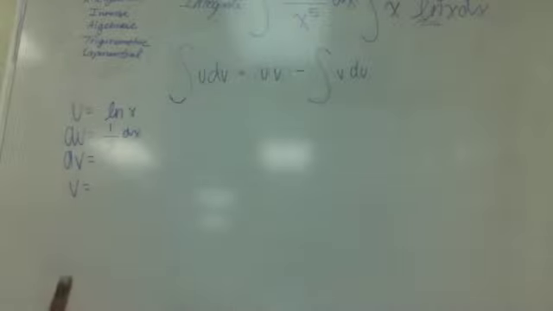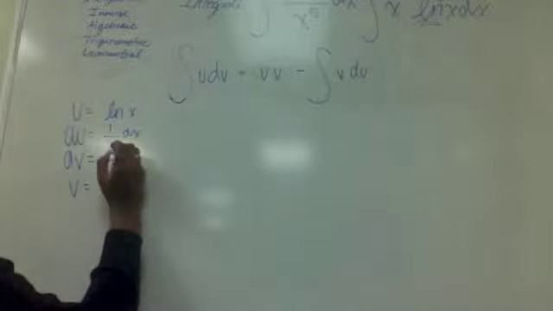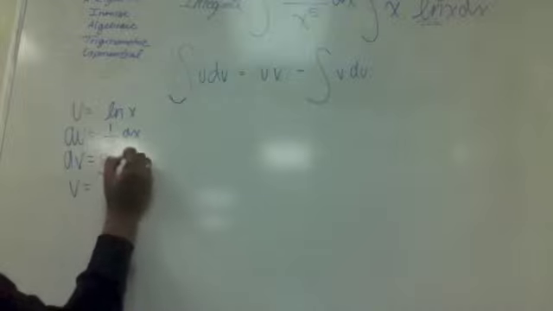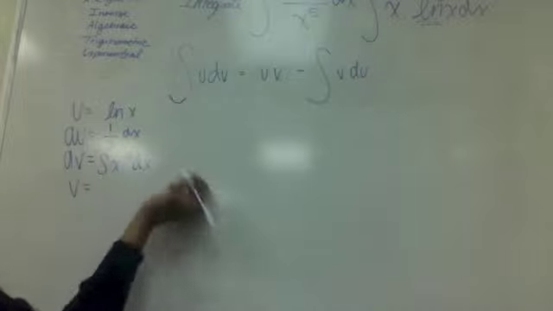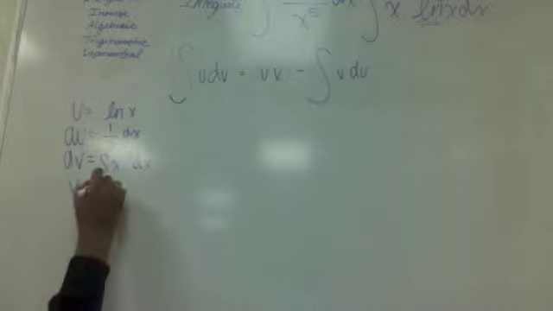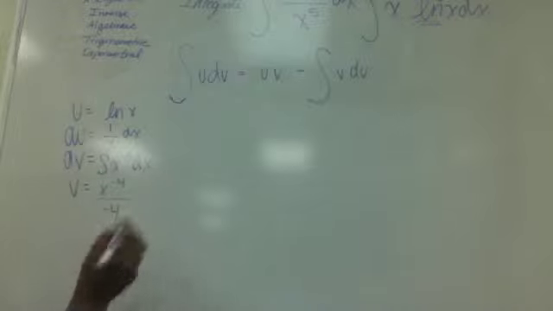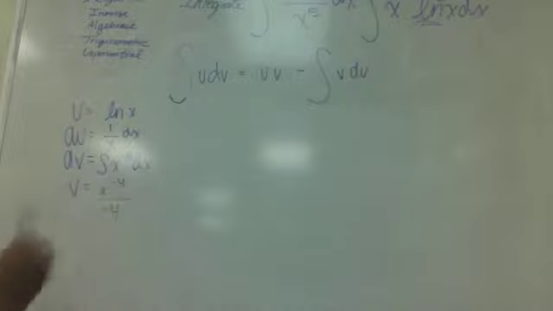And our dv is going to be x to the negative fifth dx. And our v is x to the negative fourth over negative 4, and that's just taking the simple integral. Now, we're going to plug everything we have back into this equation.